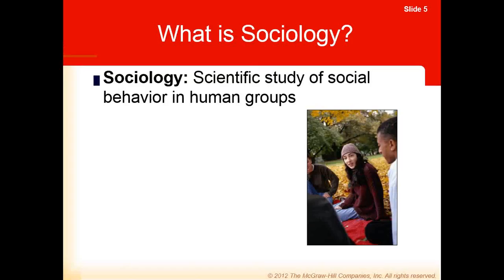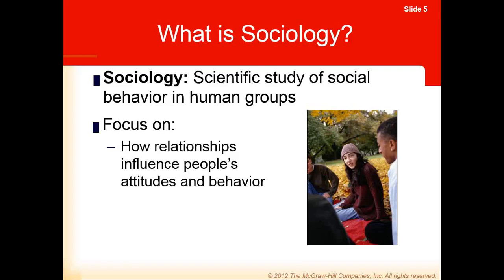So, the definition of sociology: the scientific study of social behavior in human groups. Essentially, sociology is the science that studies what people do during interaction on all different levels, on all different scales. Some of the things that might be focused on are how relationships influence people's attitudes and behaviors, and how societies develop and change.